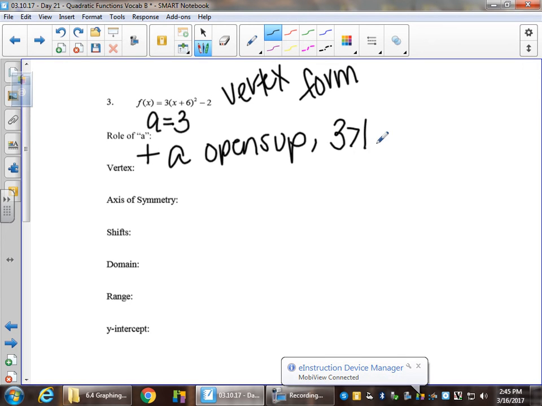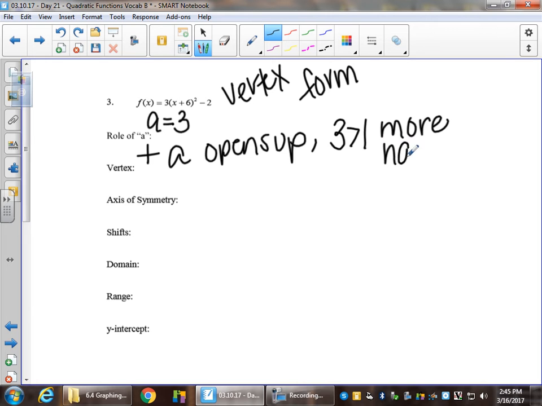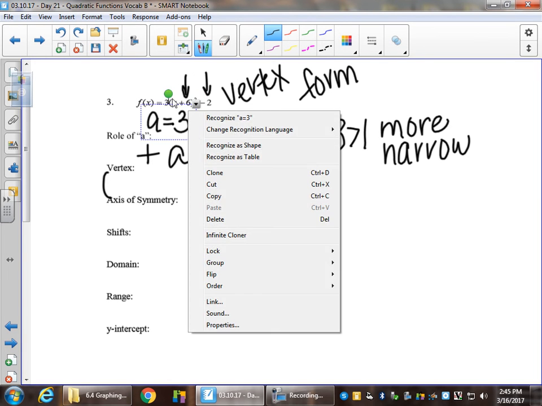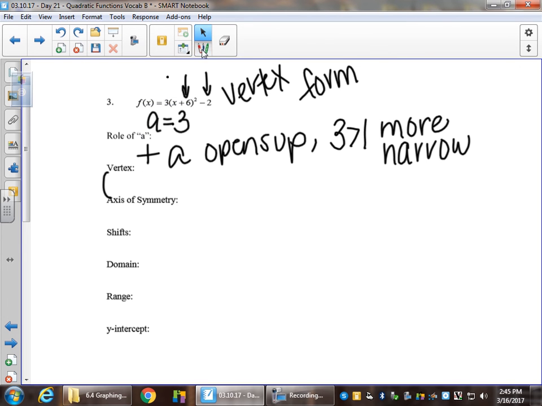Three is greater than 1. Therefore, our parabola is going to be more narrow. Our vertex is h, k. Usually, in our general form of vertex form, it's x minus h. Because we have a plus sign here, that means that our h would have to be negative. So it would be negative 6, negative 2.